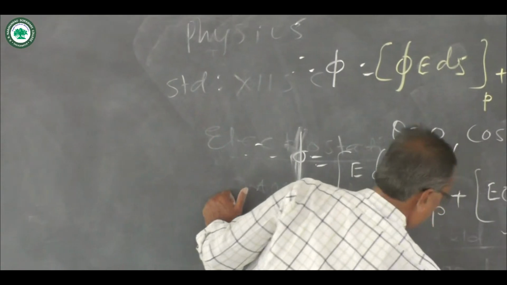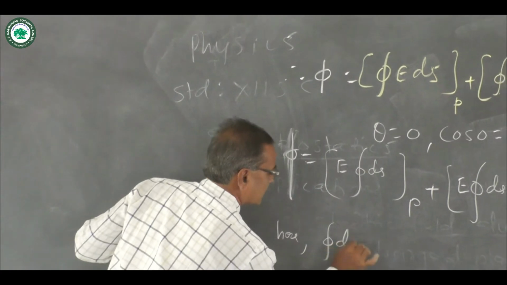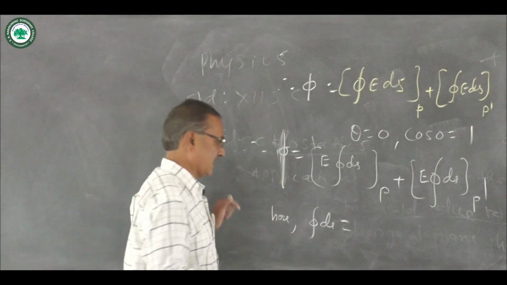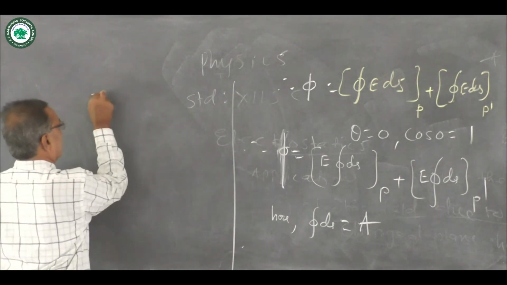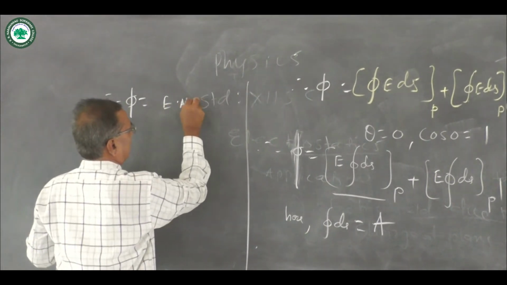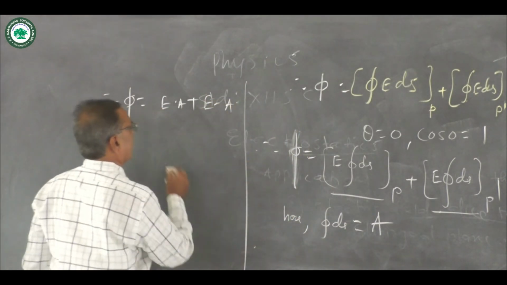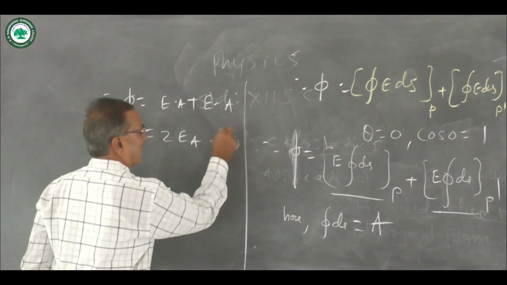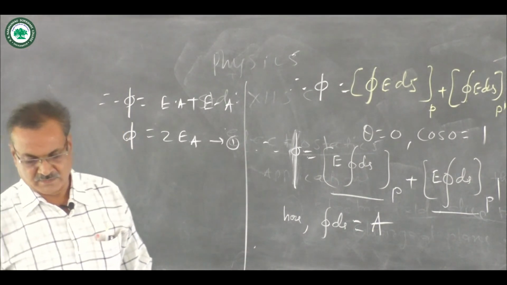Here the integral of ds is the total surface area, that is A. So electric flux phi is equal to EA plus EA, that is twice EA. Equation 1: electric flux phi is equal to twice EA.